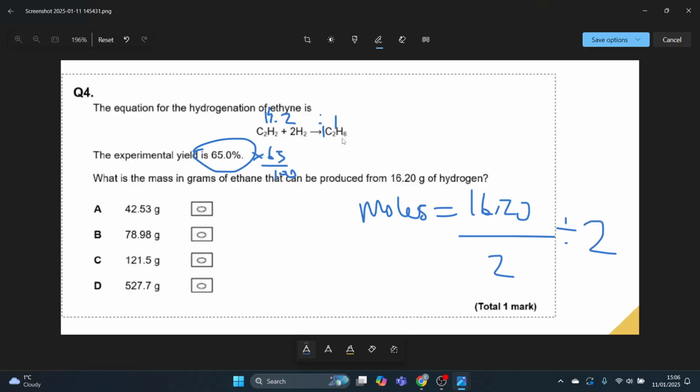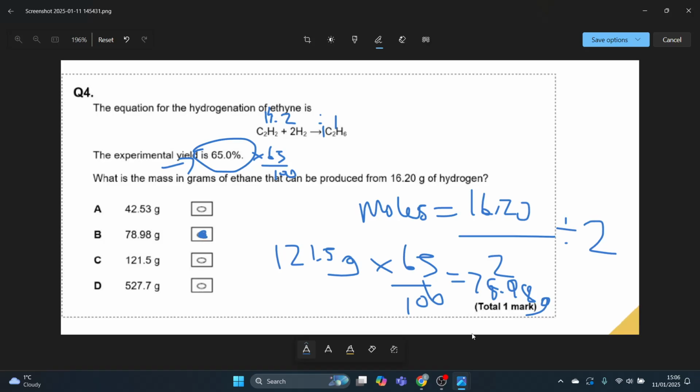Times by 12, but the Mr does 12 plus 12 plus 6, C2H6. That would give me 121.5 grams. But then I'm given the experimental yield, aka percentage yield. Why would I be given that? Because now I need to times it by 65 over 100. If I do my answer times by 65 over 100, I get 78.98 grams. Therefore, the answer is B.